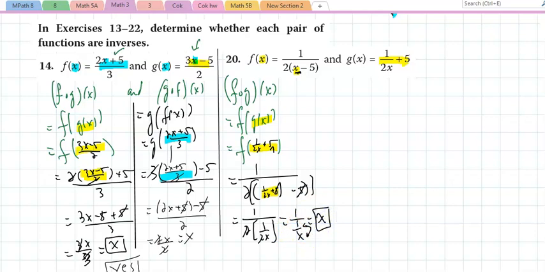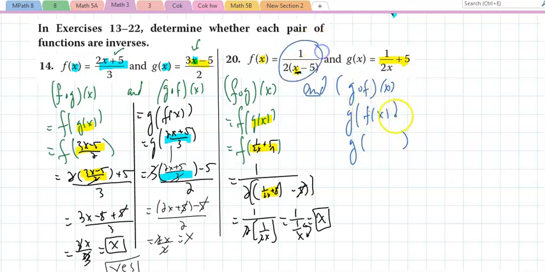That's not enough. I still have to take g composite f of x. So I have to do it forward and backward. A lot of times it works one way and it doesn't work the other way. You'll be surprised. What is f of x? F of x is this mess. What is this saying? Go to the g function. There's g. I highlight that and register. Replace that x by this value.